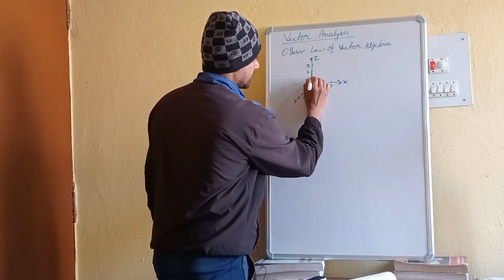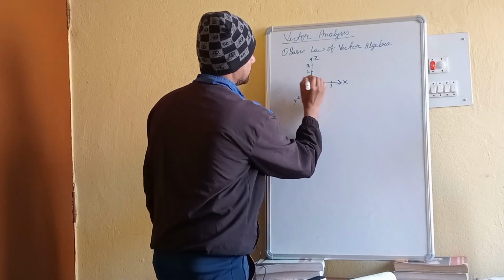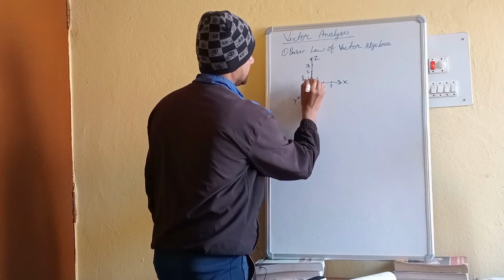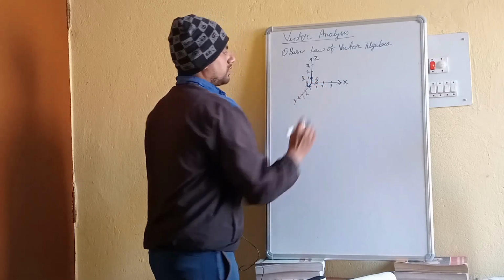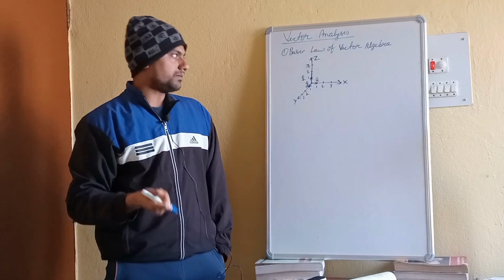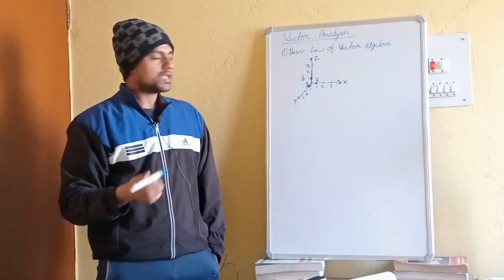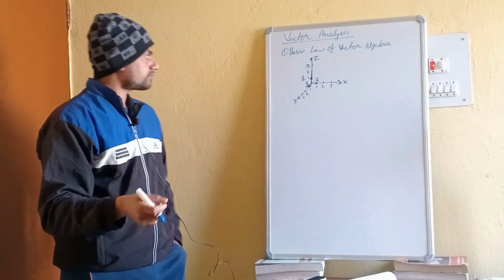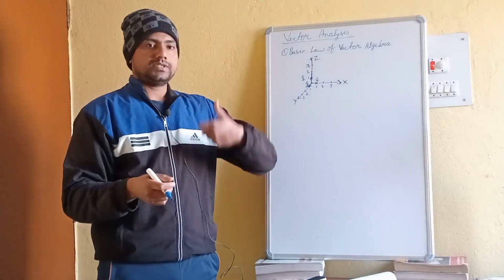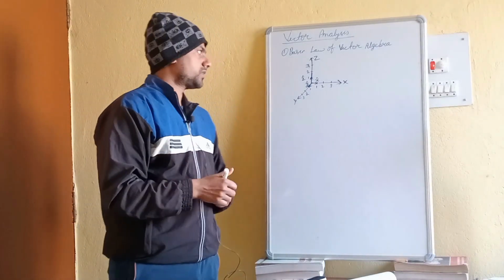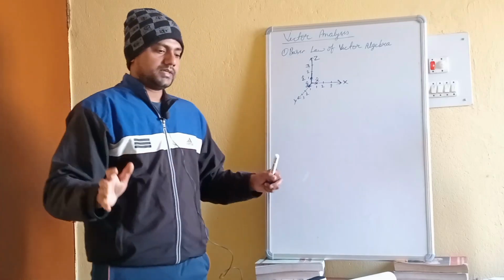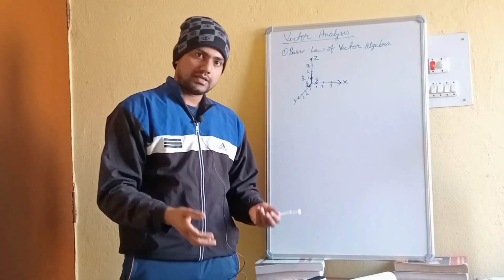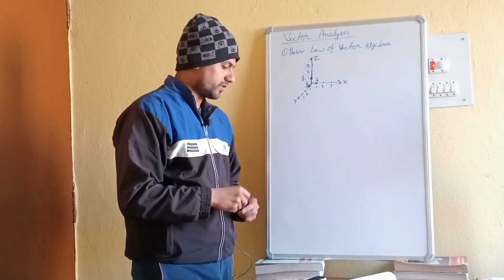In the same way, we can write the unit vector along the z-axis, that is z cap. So in all three cases, x cap, y cap and z cap, the magnitude is 1 only.